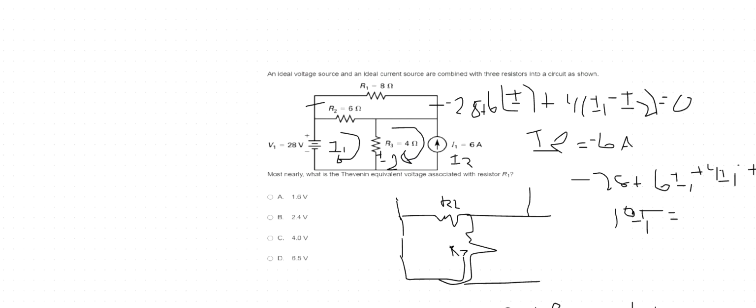So 10 I1 equals 4. Yeah, negative 28 plus 24 is negative 4, and then you bring it to the other side. So this would be divided by 10. So I1 equals 0.4. All right.